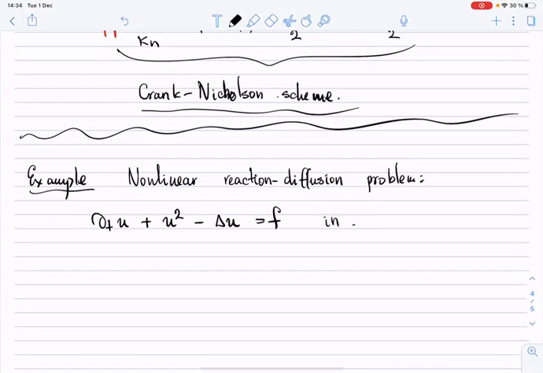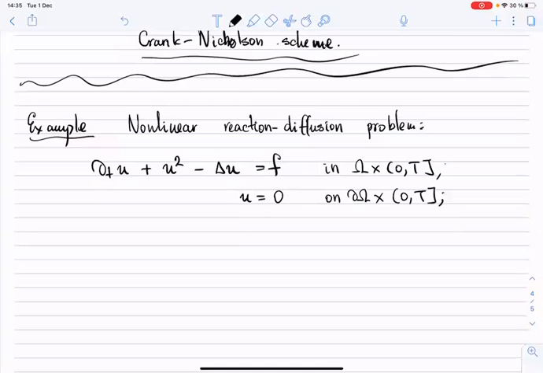So it is in omega times 0 to capital T. And you can use many different boundary conditions, but for simplicity, I'm putting 0 on the boundary. So it is on the boundary and the whole domain. And also we have some initial condition. So at time 0, we are giving some function which is independent of time.